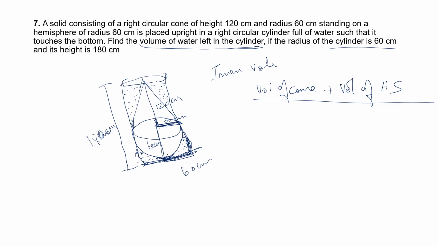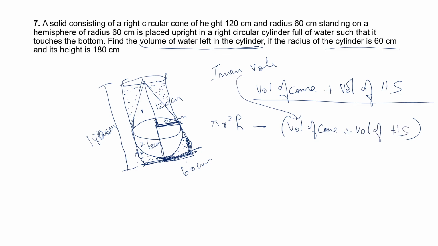If we find the whole cylinder volume, it will give the total volume. From that, if you subtract the cone and hemisphere volume, we will get the remaining volume, where the water is. So the answer will be pi r square h, the cylinder volume, minus the inner volume, that is volume of cone plus volume of hemisphere. Can you understand?